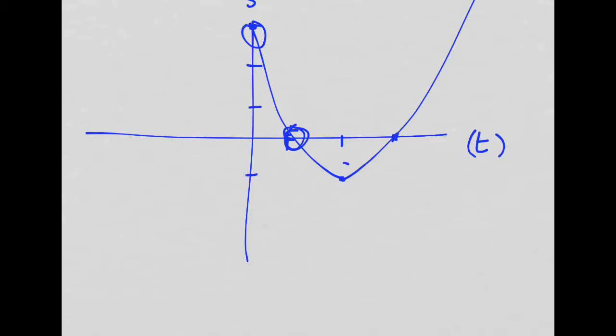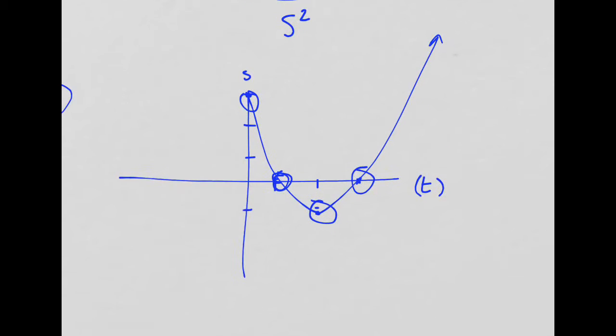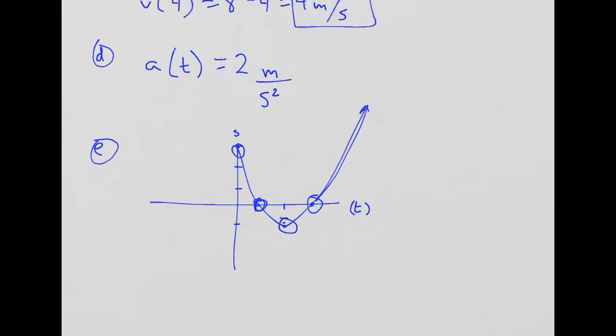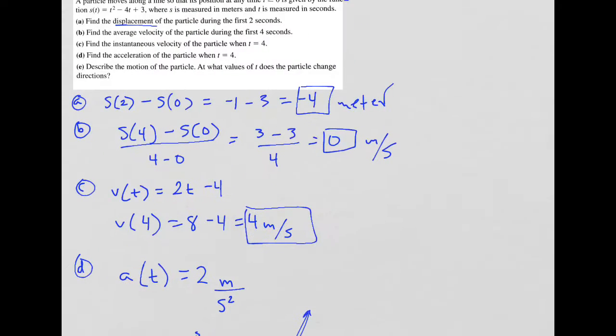Then it goes to -1, so it's back -1 unit past the origin, wherever that is, and that happens at 2 seconds. And then it starts to move forward, so it goes from -1 to 0, and that happens at t equals 3. And then it just moves forward after that for the rest of the time. So that's the description of the motion.